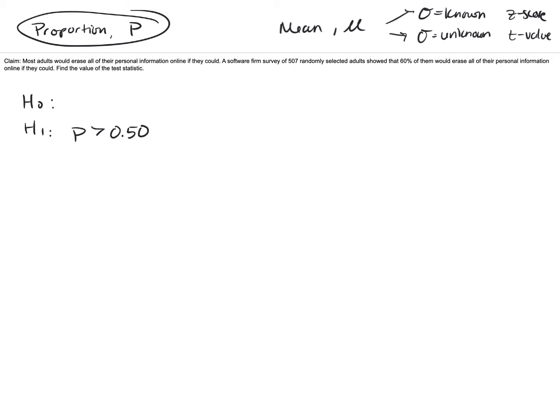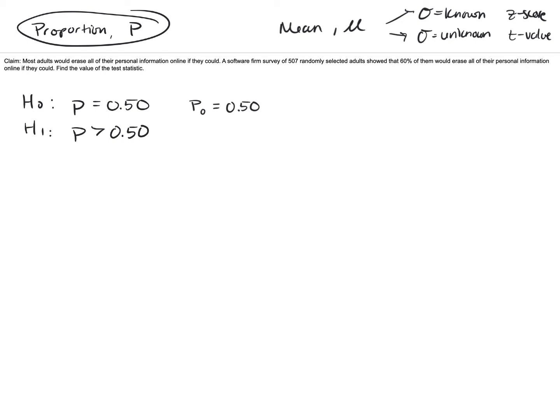Majority, more than 50%. And so the null hypothesis is going to be that P is equal to 0.50. If the proportion is 50%, then that's not most. This implies that our null hypothesis value, P naught, is 0.50, and you'll need to know that when you're using the formula, and also if you use the calculator to get your test statistic.